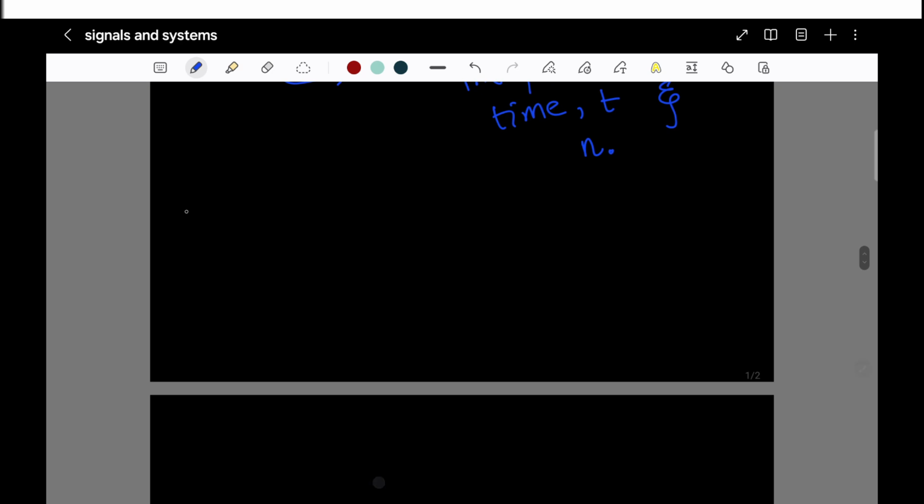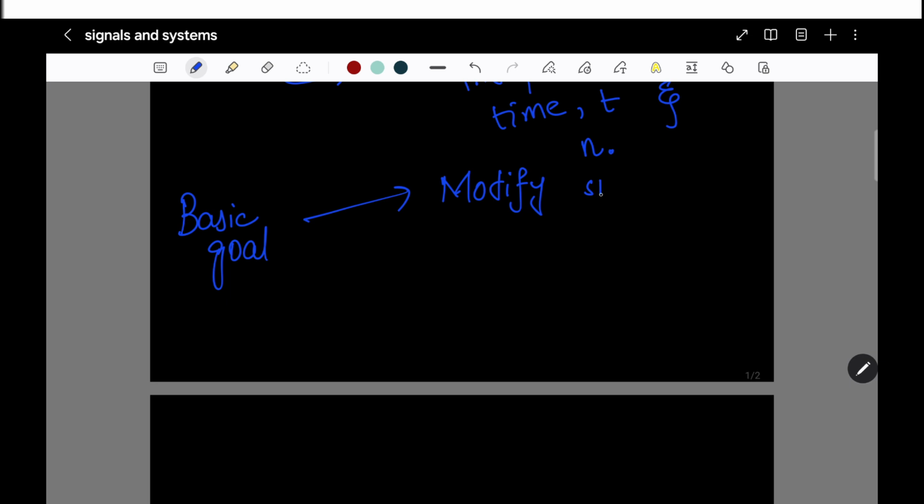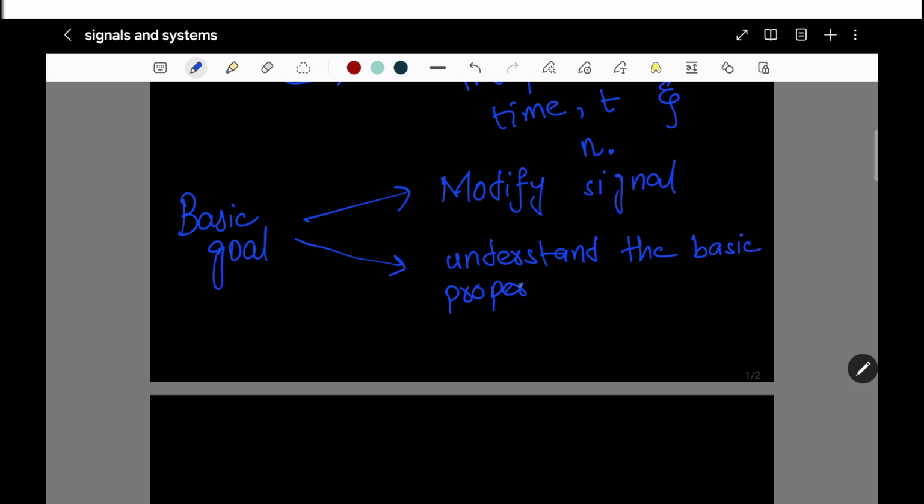So the basic goal of the transformation is to modify the signals and to understand the basic properties of signals and also the systems.